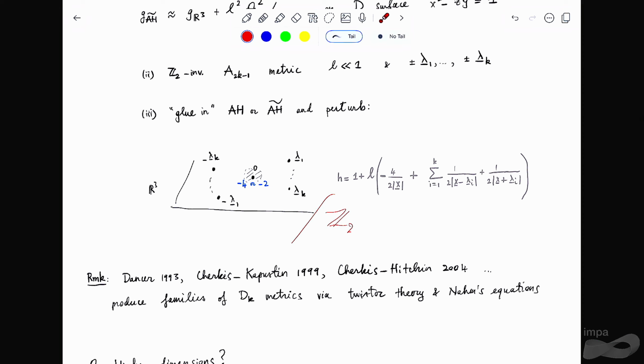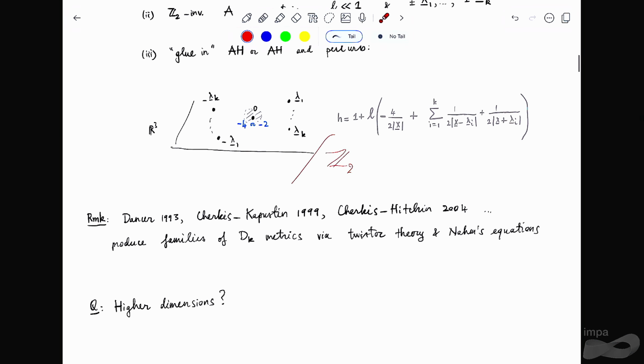There are also other approaches via, say, complex Monge-Ampère methods, once it is clear what the asymptotics are and what the underlying complex manifold is. You can attempt solving complex Monge-Ampère equations.